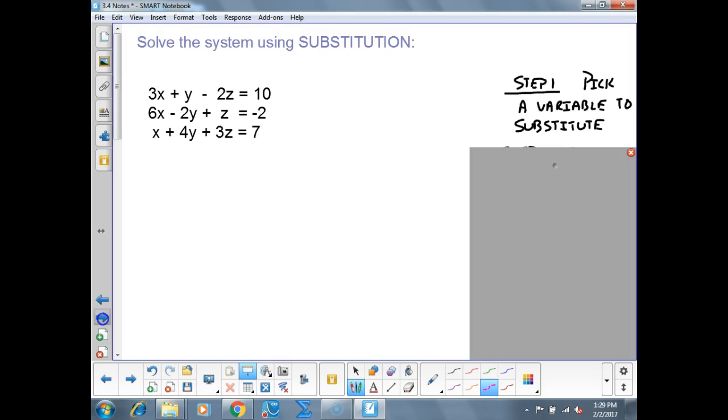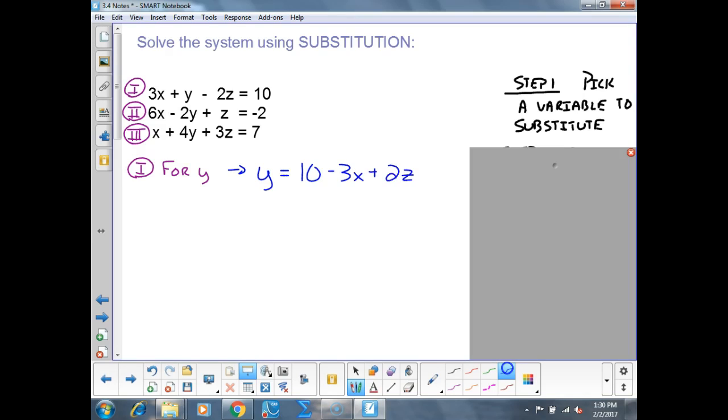Y? Okay. Which equation do you want to solve for y? The first one. Okay. So if I take the first equation for y, that would give me y equals 10 minus 3x plus 2z.